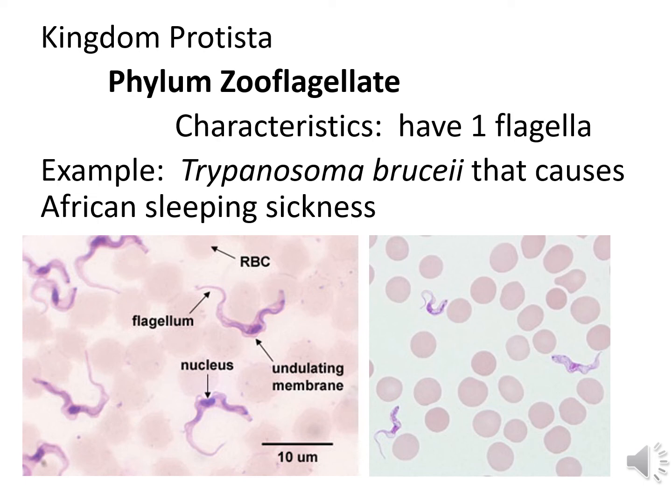It spends some time in the tsetse fly as part of its life cycle, and then the next time the fly bites somebody, it could inject this protozoan into the next person. Ultimately, you have some interesting symptoms. Most people go a little lethargic, lose interest in just about everything, and kind of sleep to death, hence the name of the disease.